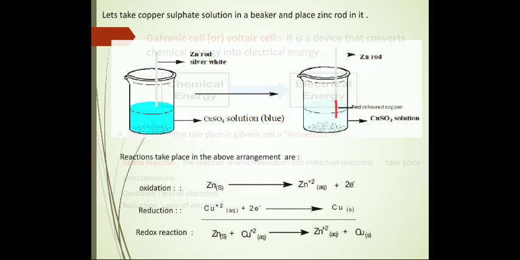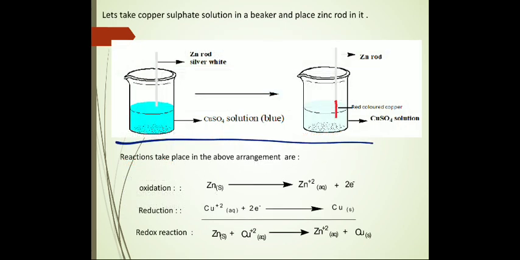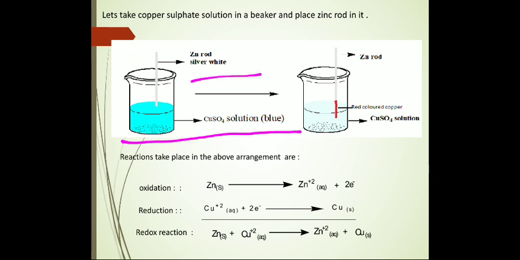Then let's discuss how the redox reaction takes place in this arrangement. Let's take copper sulfate solution in a beaker and place a zinc rod in it. In the first diagram, we see that the copper sulfate solution is blue in color, and the zinc rod is silver white in color.